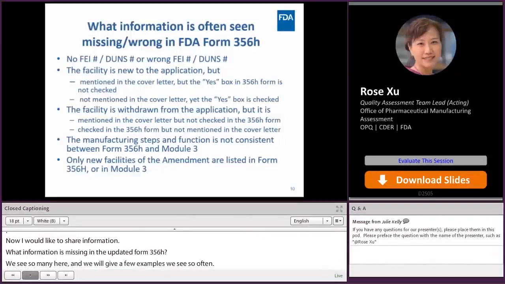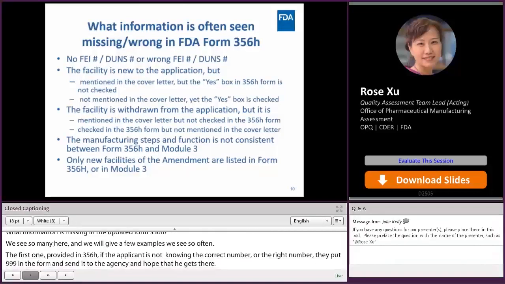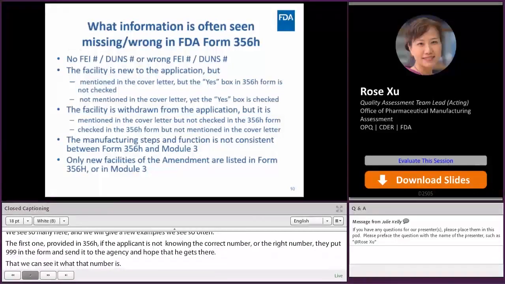If the applicant does not know the correct numbers, they often put something like 999 in the form and submit it to the agency and hope that we can figure out what the FEI number or DUNS number is for them. That is not acceptable. So in the next slide, I will tell you the email address that you can use to request or confirm the right FEI number or DUNS number for that facility.